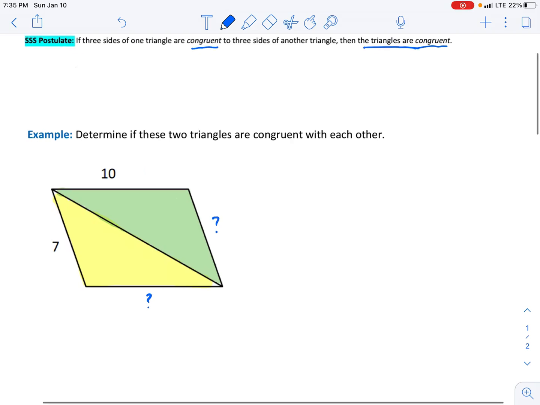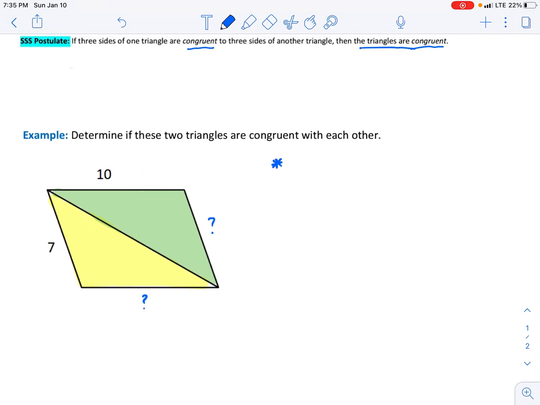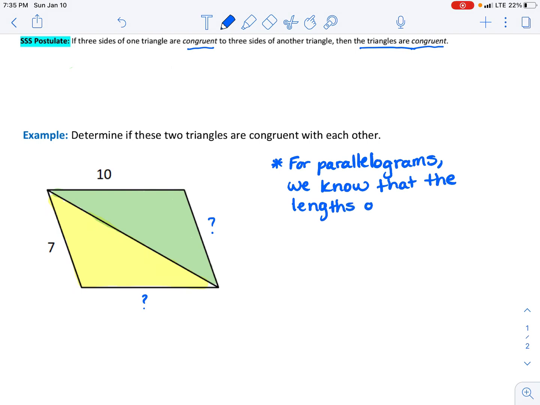For parallelograms, we know that the lengths of the opposite sides are the same.